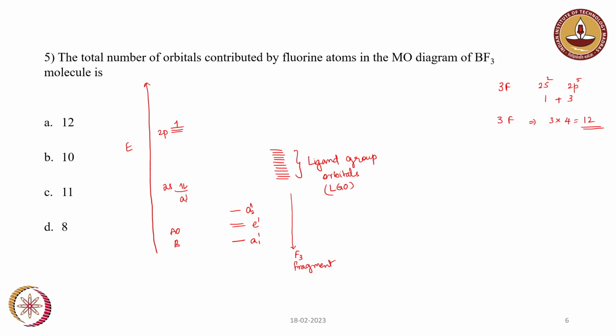This one is A1 prime, and the others are A2 double prime and E prime, where A2 double prime is pz, and E prime is px and py.